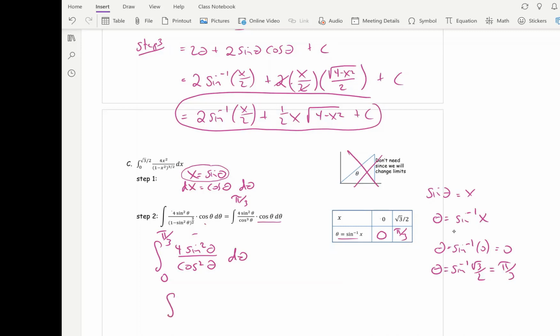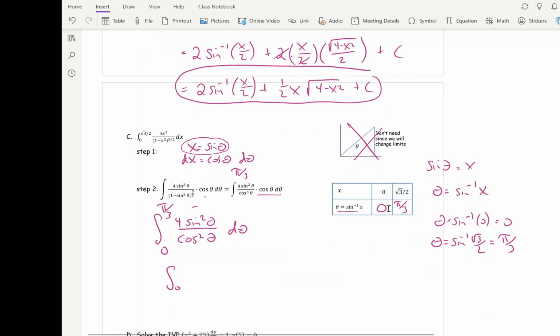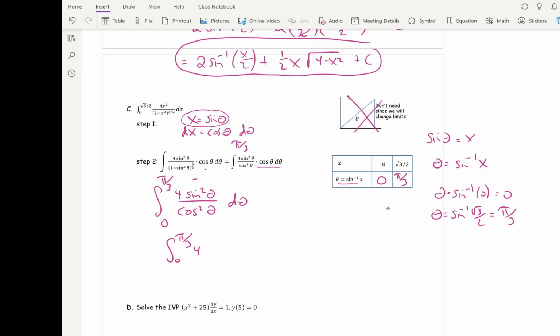Okay, that's the integral from 0 to pi over 3 of 4 tangent squared theta. The way to integrate tangent squared is to use a Pythagorean identity and write it in terms of secant squared. So this is going to be 4, and then tangent squared is secant squared minus 1 d theta. So you can distribute the 4 and then integrate.